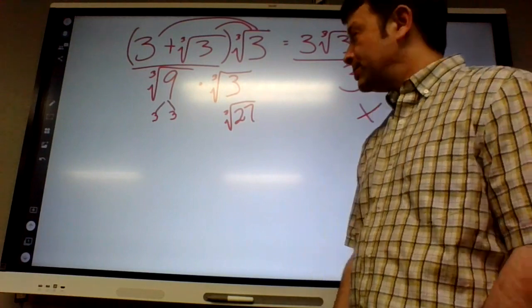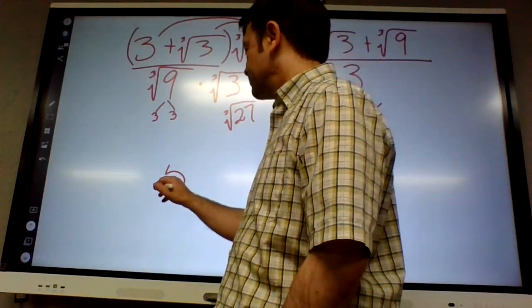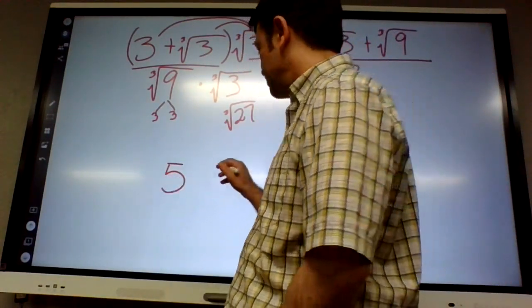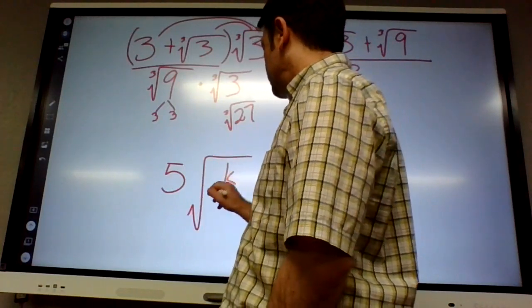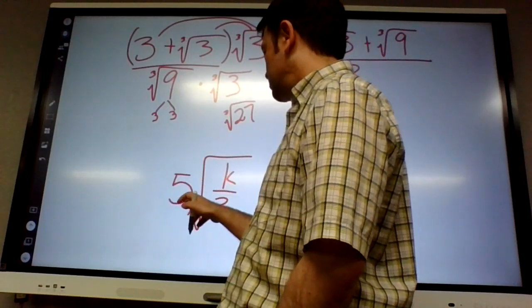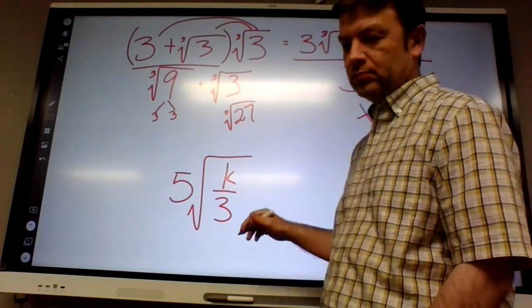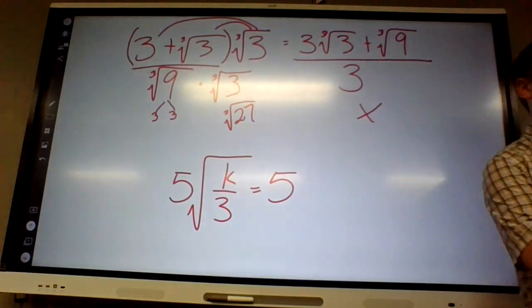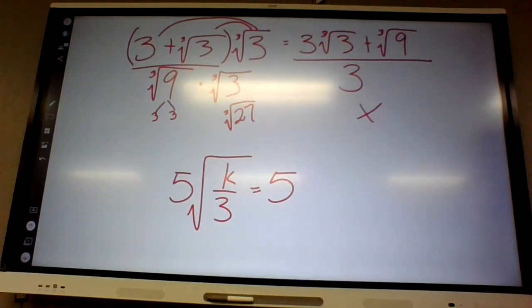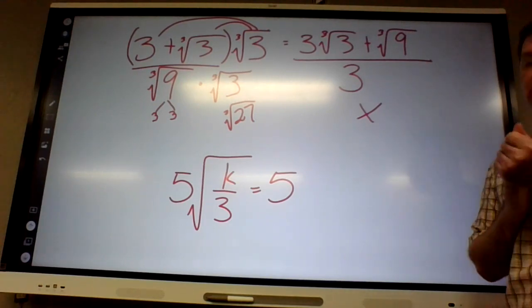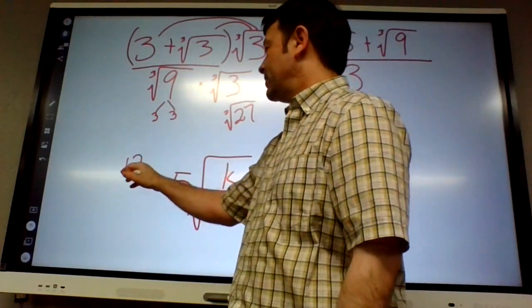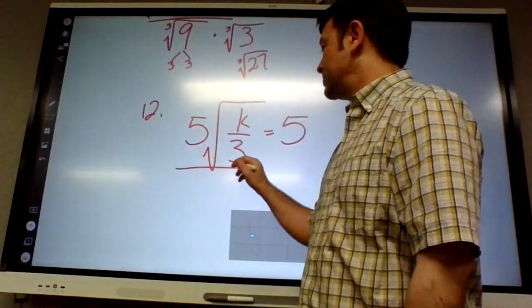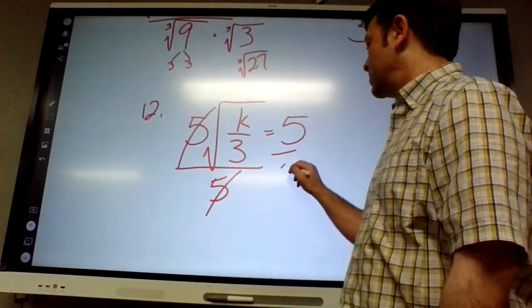Okay, we made it to the equation part. On equations, the goal usually is to get the square root by itself and then eliminate the square root. How could we get the square root by itself on this one? Divide by 5, because 5 is multiplied to it. So when you divide by 5, that goes bye-bye.